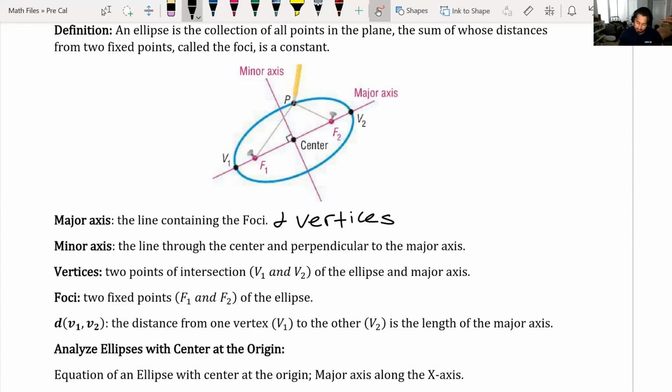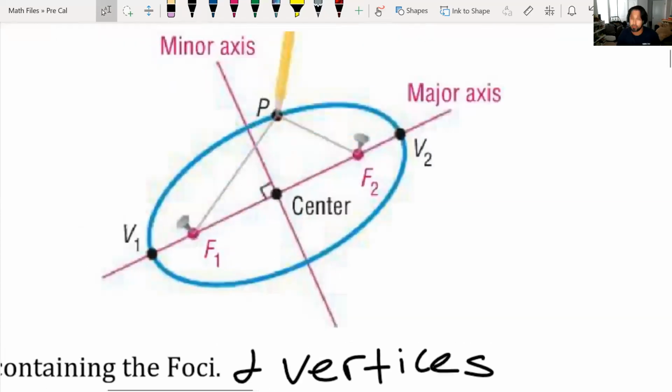Then you have something called the minor axis. It's the line that cuts straight through the center of the ellipse and is perpendicular to the major axis. Along the minor axis, there are two points that aren't shown. These are the points where the minor axis intersects, or crosses, the ellipse.